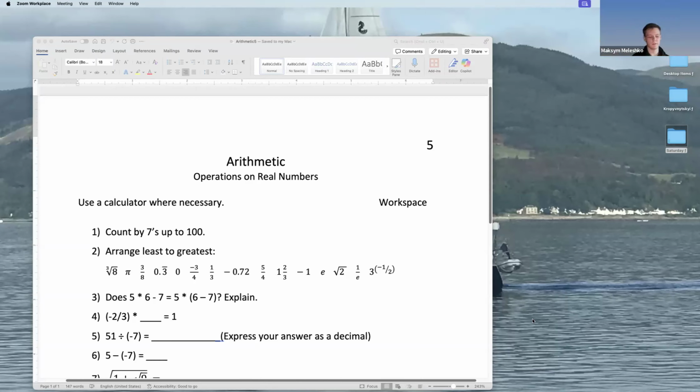It will be a negative 7.285714285714, and so on. You've got it, okay? Negative 7.285714, 285714, 285714.